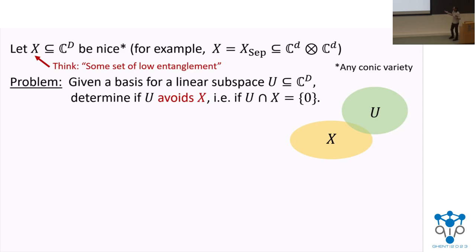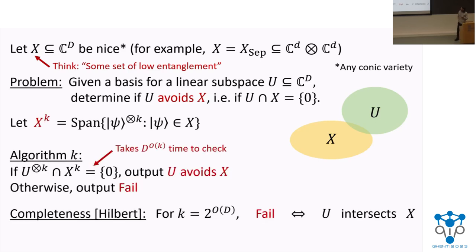You can imagine that there are analogous applications of showing that a linear subspace avoids this set of low entanglement X, where X is now just some other set, maybe the Schmidt rank R vectors instead of Schmidt rank 1. So you can write down the same hierarchy for this general problem. It just asks if U tensor K has any intersection with X^K. And this is again a complete hierarchy by Hilbert's Nullstellensatz.